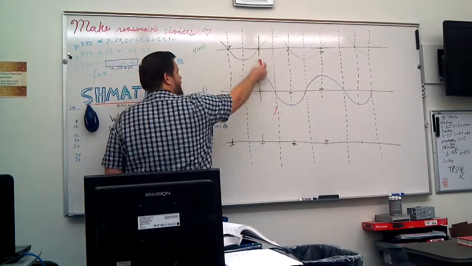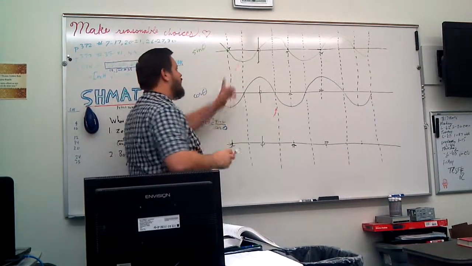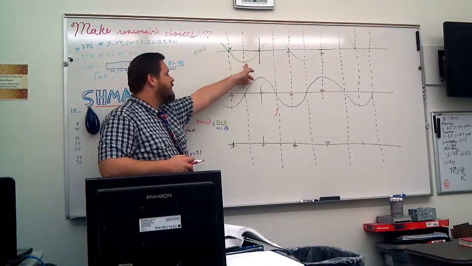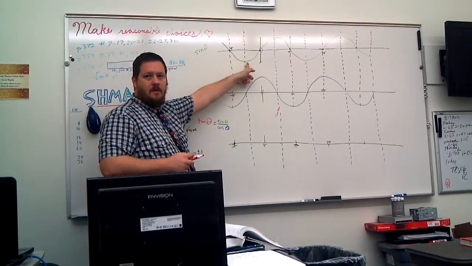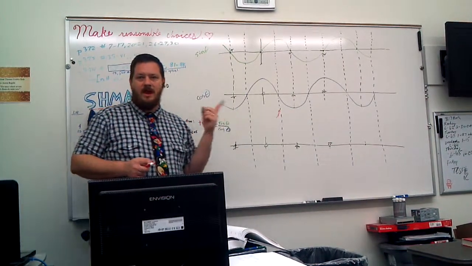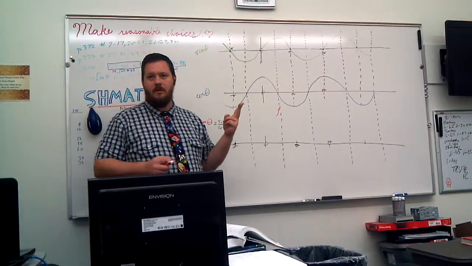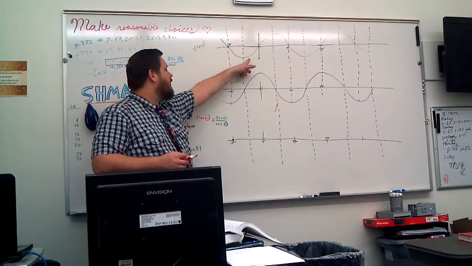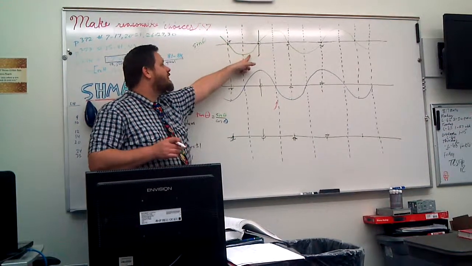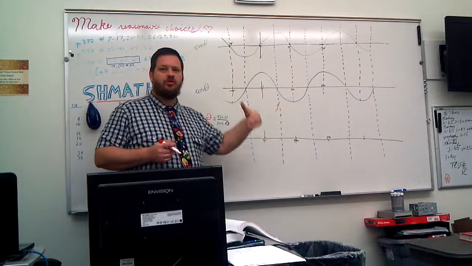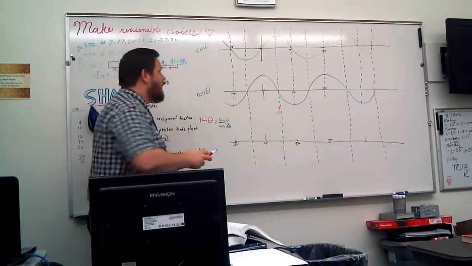All right, let's come next to the other asymptote over here. What is happening to sine as we approach this asymptote? Is it positive or negative? Negative. And is it increasing or decreasing? Decreasing. So it's getting smaller, or you can also think of it as getting larger in the negative direction.